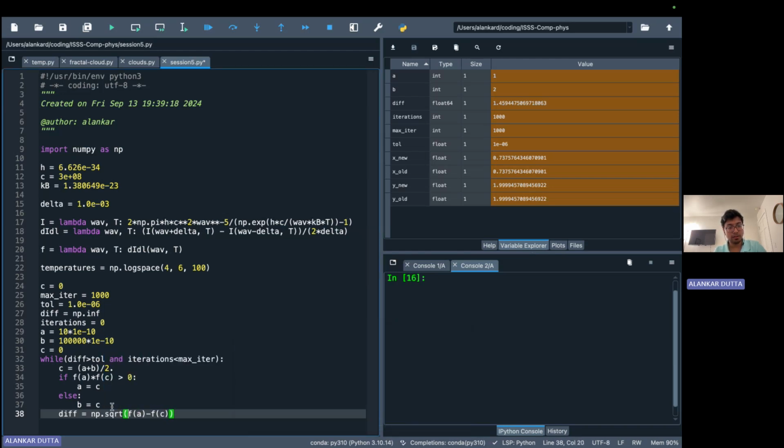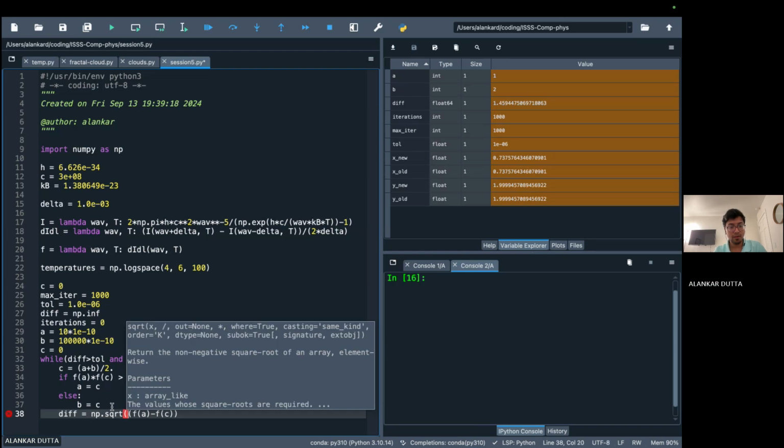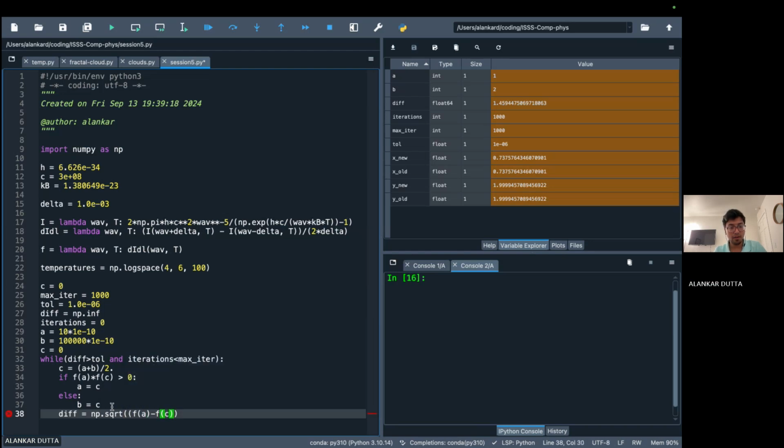So f of A minus f of C, whole square, plus f of B minus f of C, whole square. This is the difference. And if the difference becomes small, then you know that you are okay.